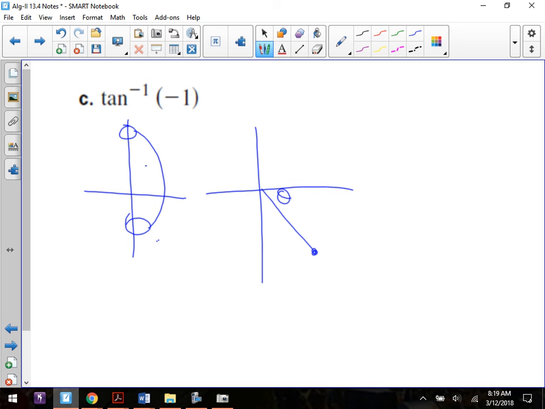Remember, that has to be what angle? It's got to be a 45. But in this case, it's got to be a -45 because it's going between 90 degrees and -90 degrees. So it has to be -45 or -pi/4.